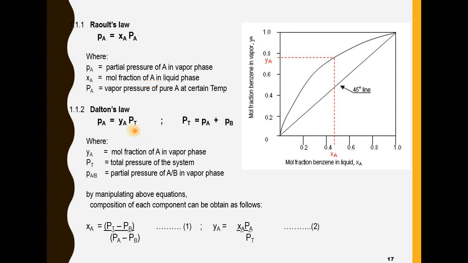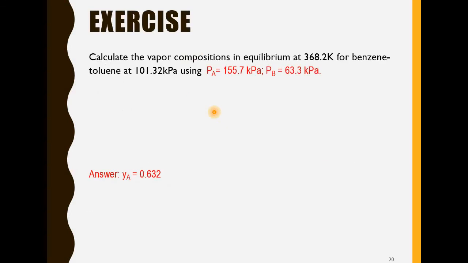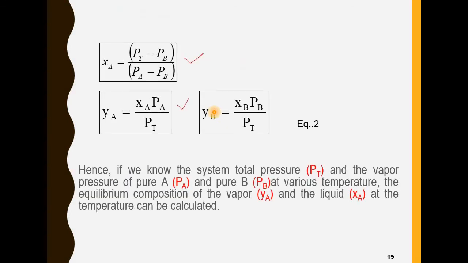From these two laws, we will construct equations later on, so that we can calculate the mole fraction of component A and the mole fraction of component B in the liquid and also in the gas, or vapor. Okay, that's all. Thank you.